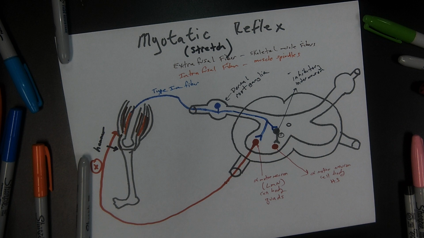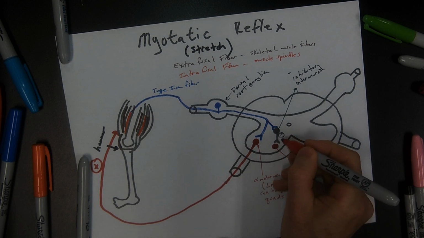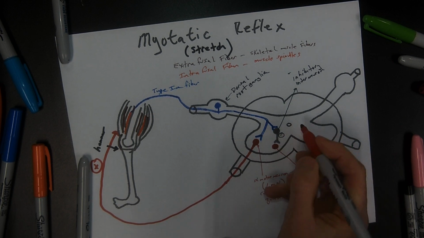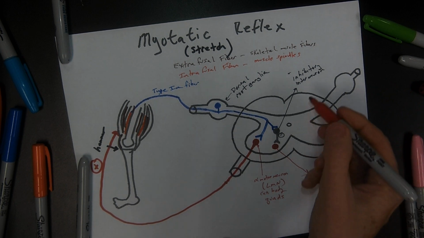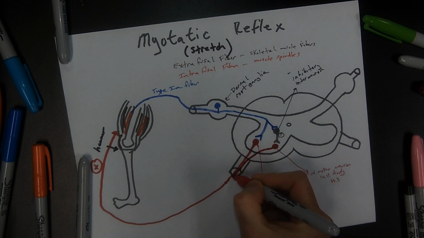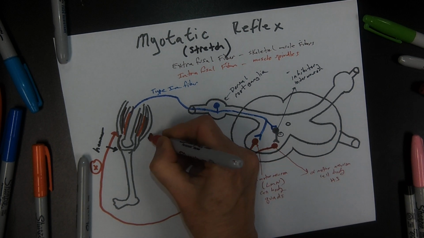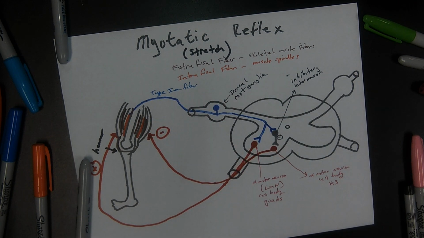This axon is now inhibited due to this inhibitory interneuron. Like I said, they're just little connectors. They can be stimulatory or inhibitory. In this case, it's inhibitory. The axon comes out the ventral root and inhibits the hamstrings. And that's your basic stretch reflex in a nutshell.